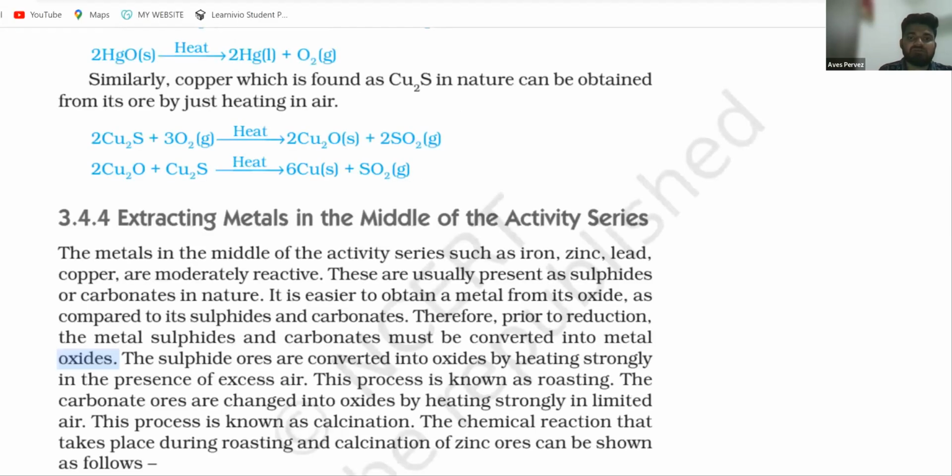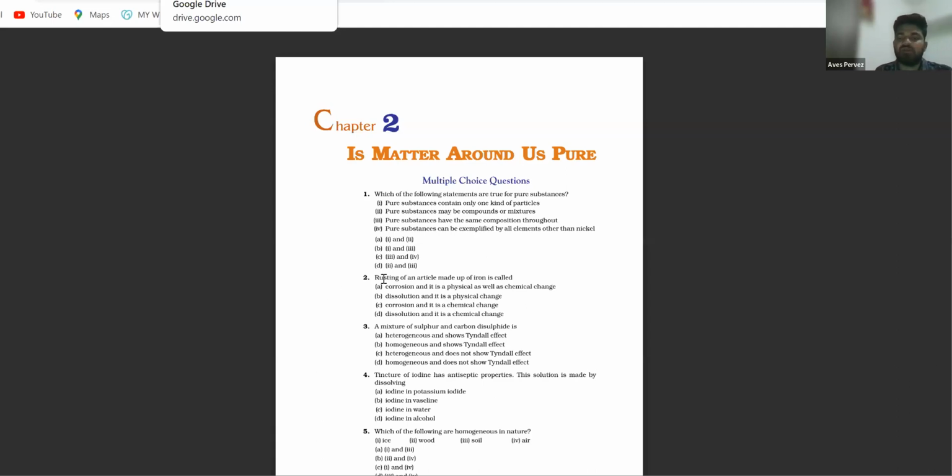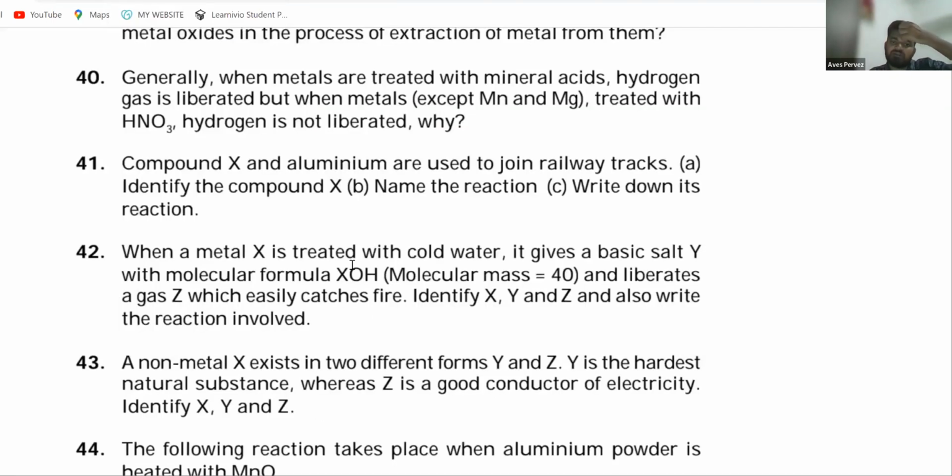If the metal is treated with water and the product is XOH, it is not X(OH) twice. So XOH means it is NaOH or KOH, because they can react with cold water.